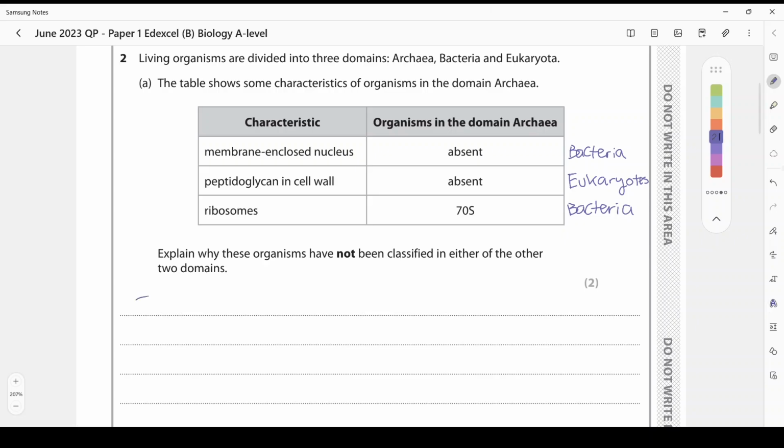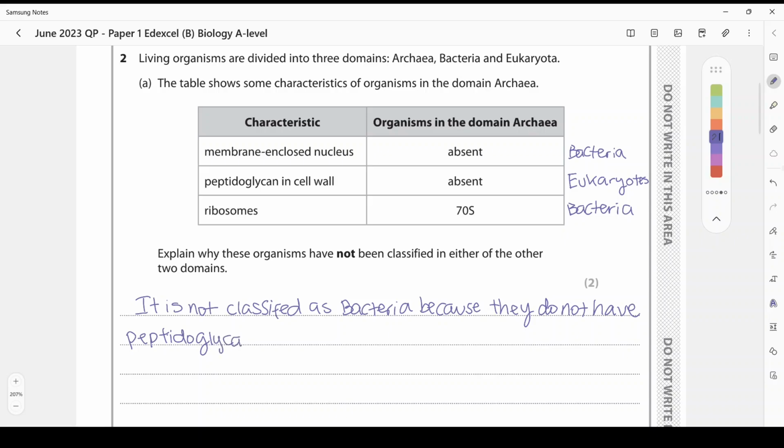So we can say it is not classified as bacteria because they do not have peptidoglycan in their cell wall.